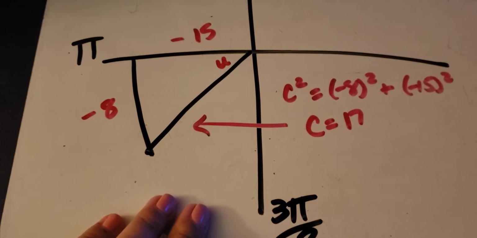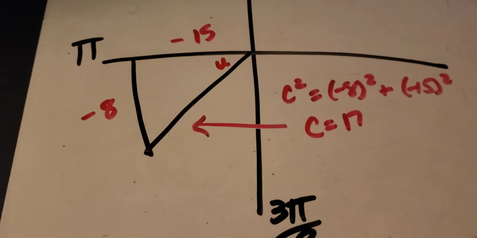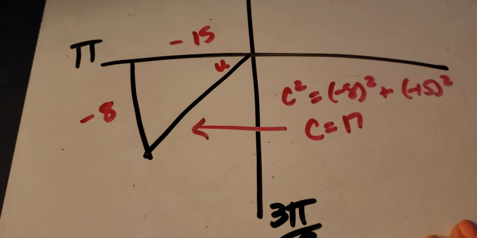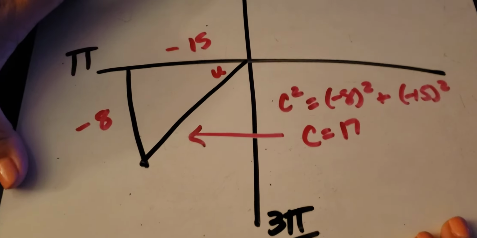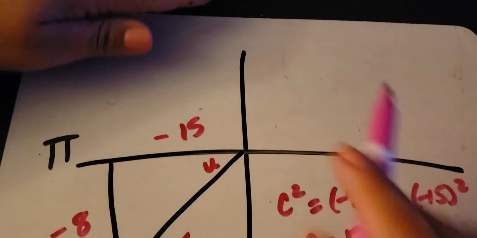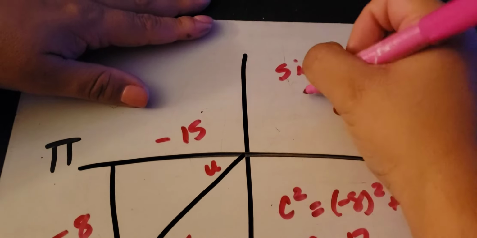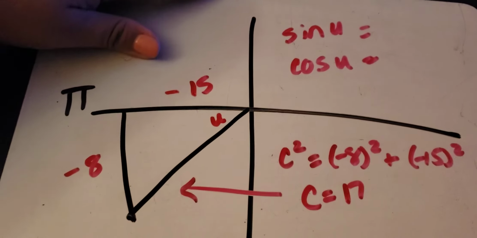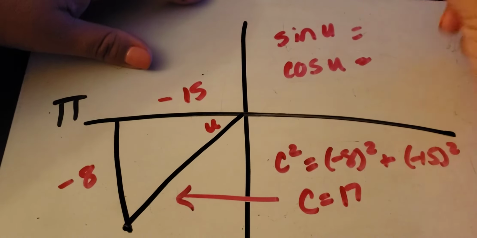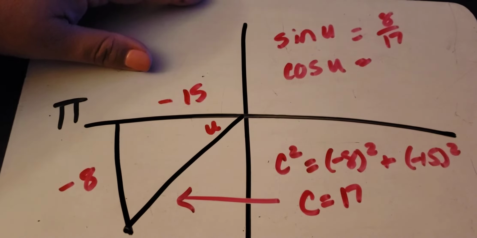So a couple things you actually know as a result, okay? Just from this, we need to find sine of 2u, cosine of 2u, and tangent of 2u. So as a result, you should know sine of u and cosine of u, okay? Based on this triangle, sine of u is actually 8 over 17, okay?